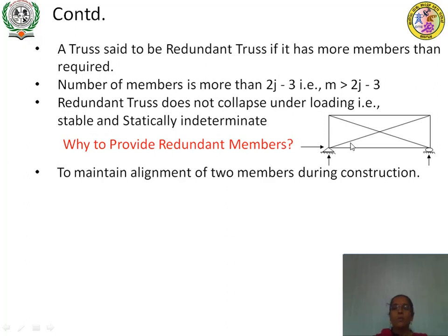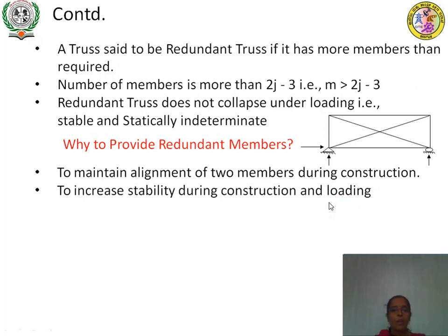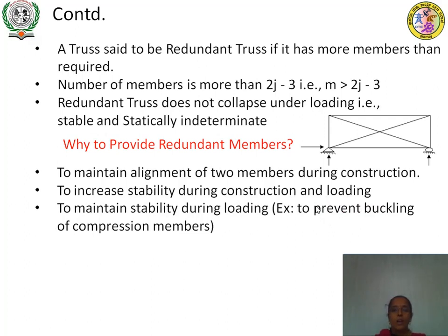One redundant member may be provided to maintain the alignment of the other members during construction, and also to increase stability during construction as well as during loading. So as this additional member provides stability, it increases the stability of the structure, and maintains stability during loading as well.